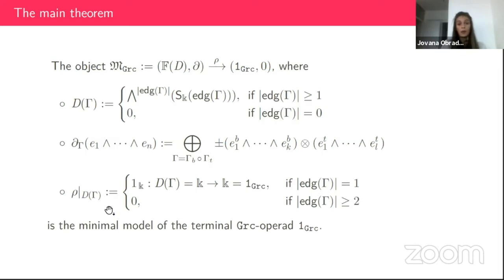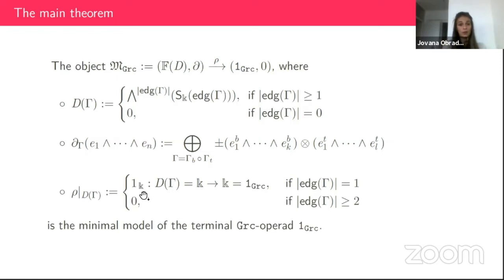And finally, the witnessing quasi-isomorphism rho will be defined as the unique map whose restriction on the generating collection is trivial for gammas that have at least two edges, while for gammas that have exactly one internal edge, in which case this space D of gamma is canonically isomorphic to the ground field, we take rho to be precisely that canonical isomorphism.